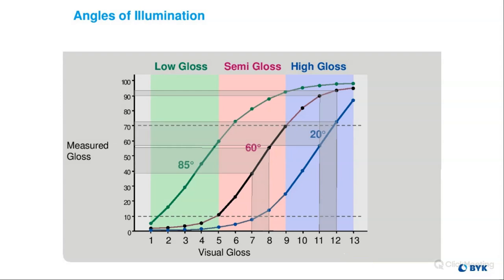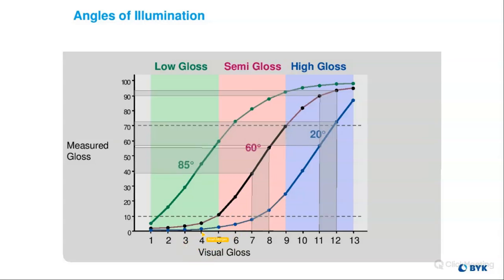So when looking at the curves, we'll start with the 85-degree curve. We see that it's fairly straight in the low region to the middle region, and slowly starts to curve as we get toward the higher gloss levels. And so what we can see is that for our 85-degree angle in this low section of gloss, for samples, say 1, 2, 3, 4, and 5, the 85-degree gloss angle has a better resolution for those lower gloss values.